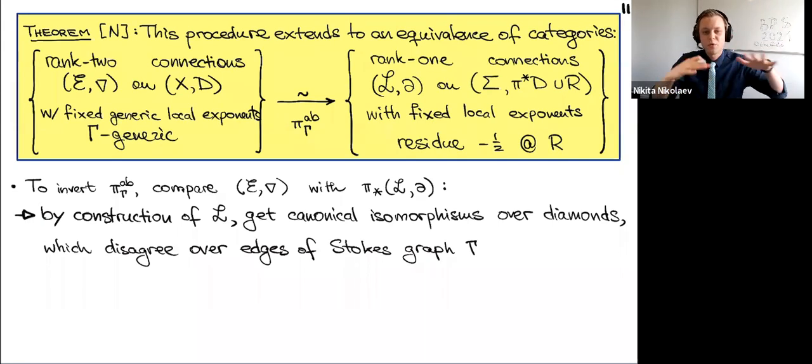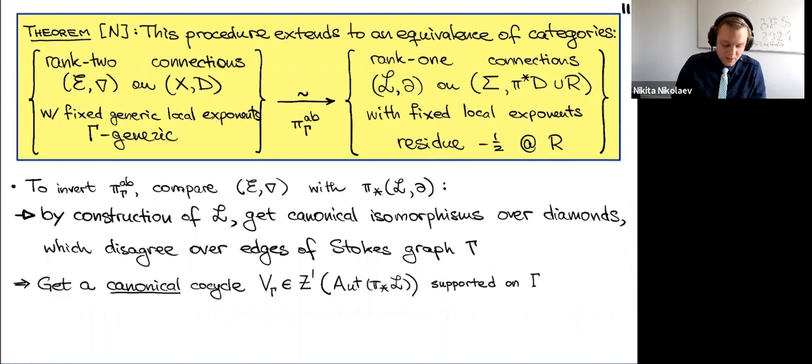But they don't agree as I go from one diamond to another. And so this disagreement you record as a cocycle, which is supported on the Stokes graph. So you get this canonical cocycle, and the way I record it is that it's valued in automorphisms of the push forward line bundle.